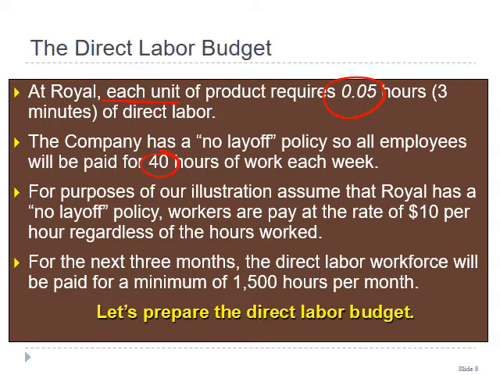Workers are paid $10 per hour regardless of the hours worked, and for the next 3 months the direct labor force will be paid a minimum of 1,500. If one employee's salary is 1,400, then he will be paid 1,500 due to the policy of Royal company.